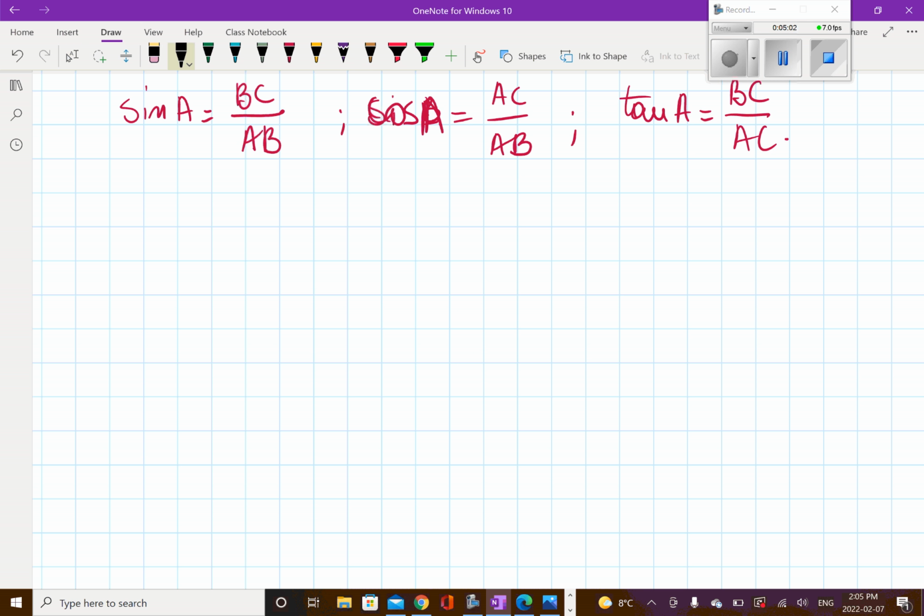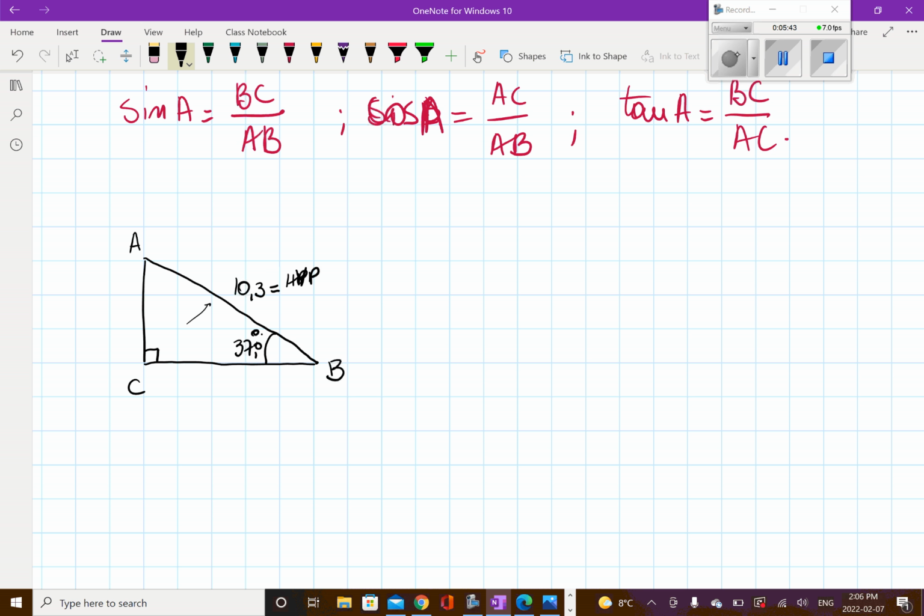So let's suppose that we have a right angle triangle in which we know that the hypotenuse is, let's say, 10.3, and this angle here is 37 degrees. So I will start by labeling the vertices A, B, C. This is the 90-degree angle, which tells us that the 10.3 that is given is the hypotenuse.